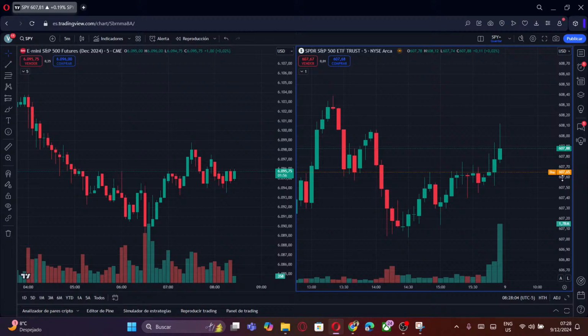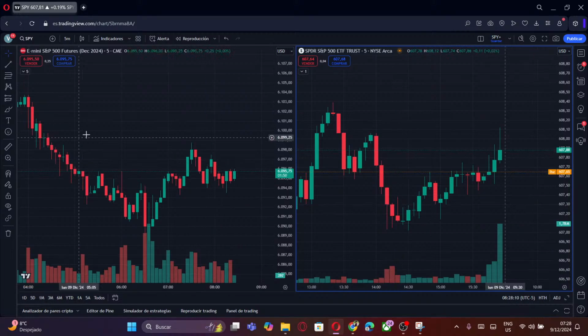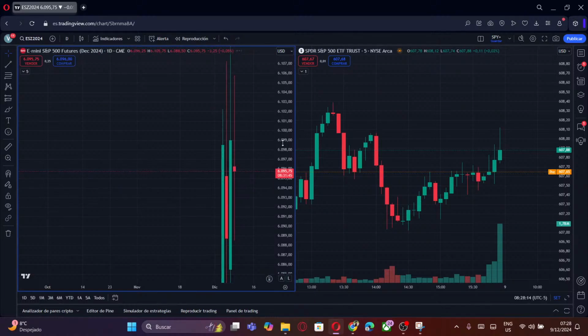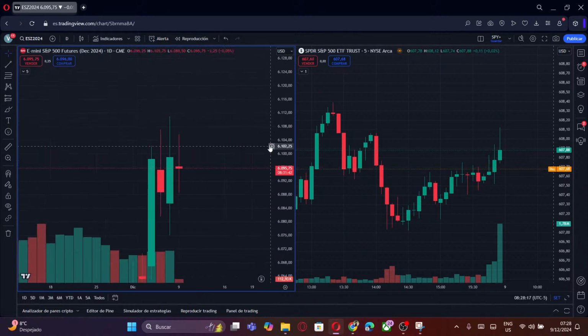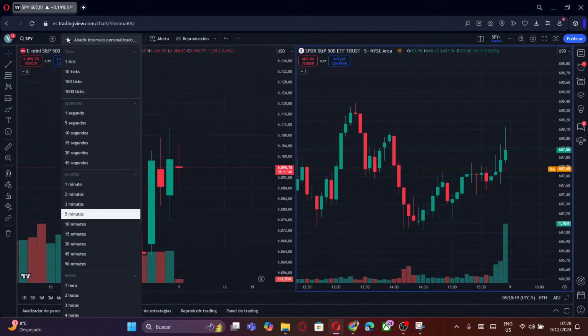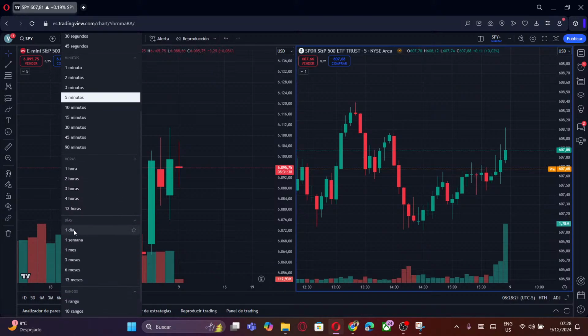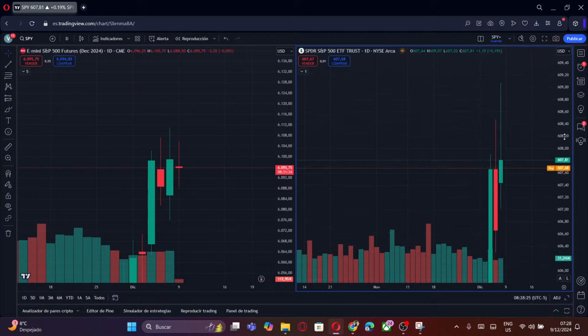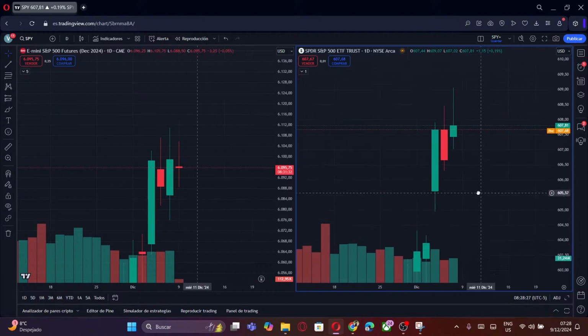Chart SPY. Okay, so I have ES on one side, I have SPY on the right side. Okay, let's go to the daily quick, daily this one as well. Perfect. So we have both daily here.